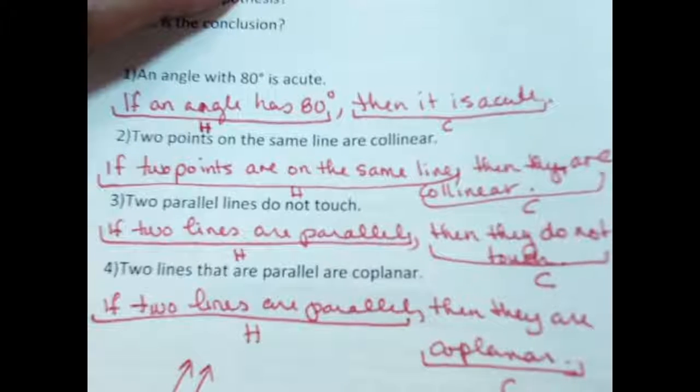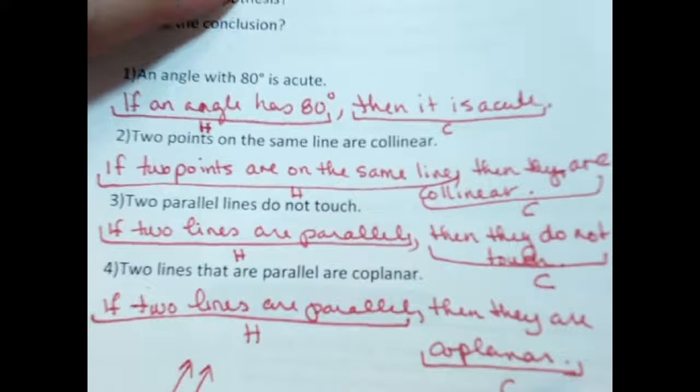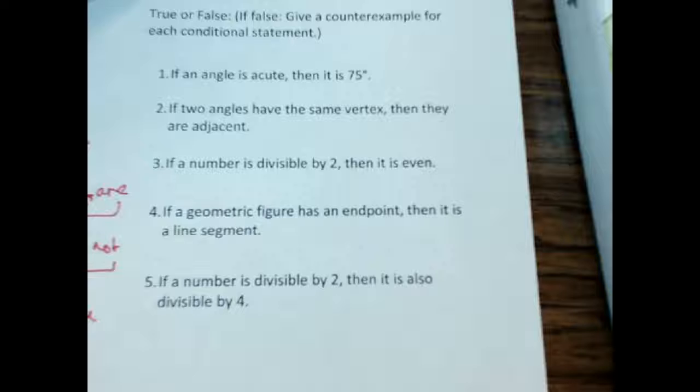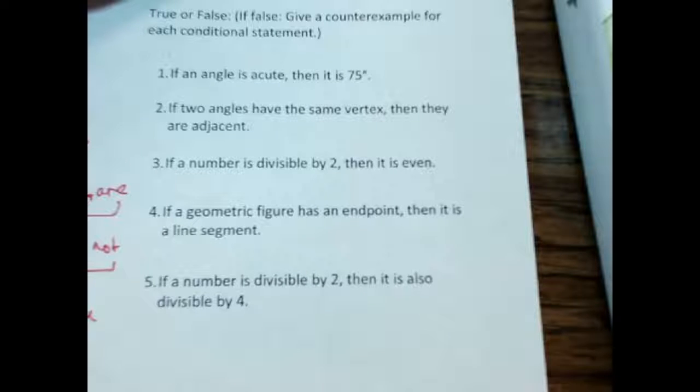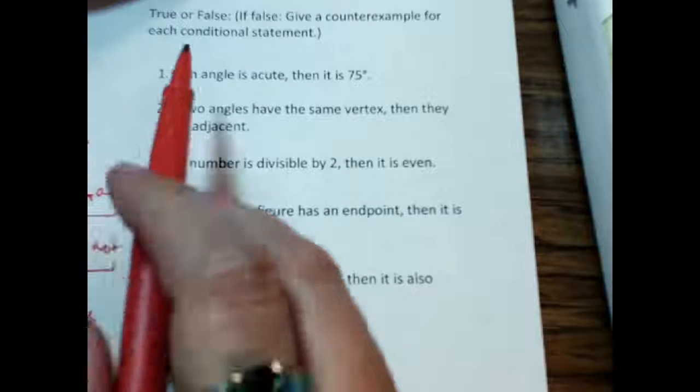Okay, now we're going to look at a couple more examples here. On these, we're going to tell if each statement is true or false, and you have a bunch of questions on your test where you're asked if things are true or false. Then if it's false, we're going to give a counterexample that shows that it's false.